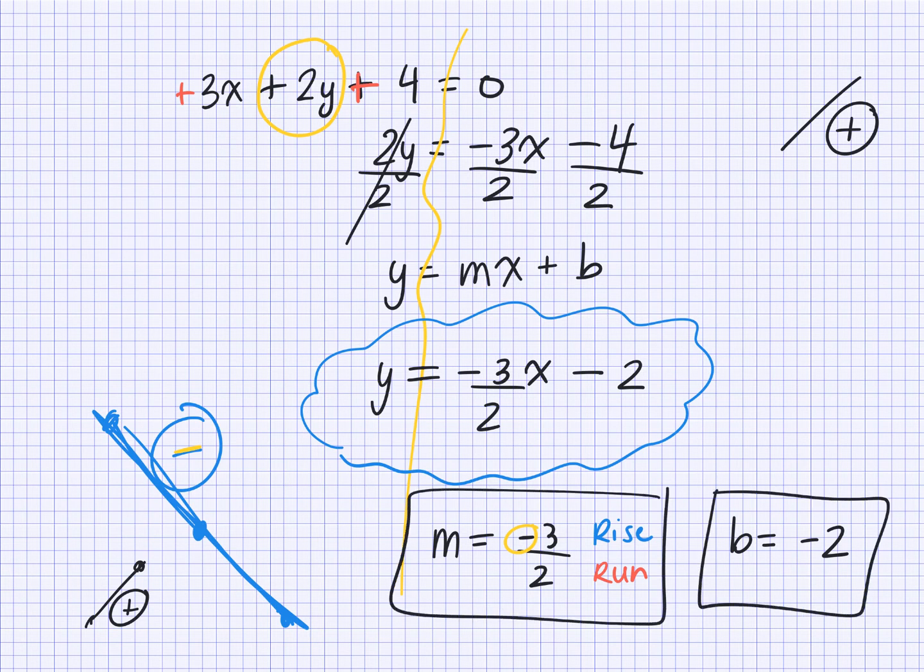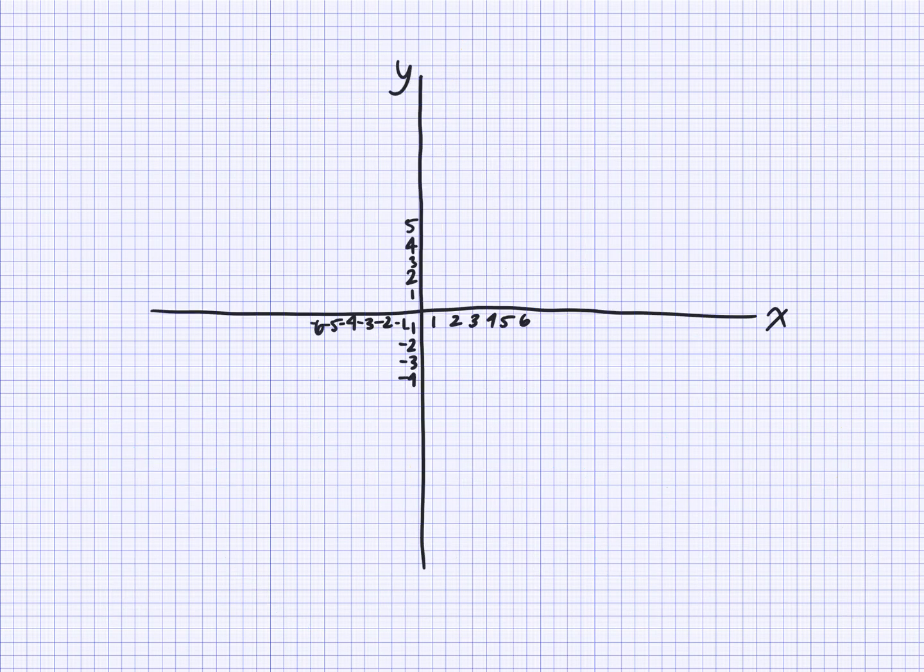We need to graph it. So I want you guys to graph it right now. What's our starting point? Negative 2. Put that on the y-axis. The y-intercept was negative 2. Okay, so we look to see, this is the y-axis, so it intercepts right here at negative 2, and then the rise was what? What was the slope?